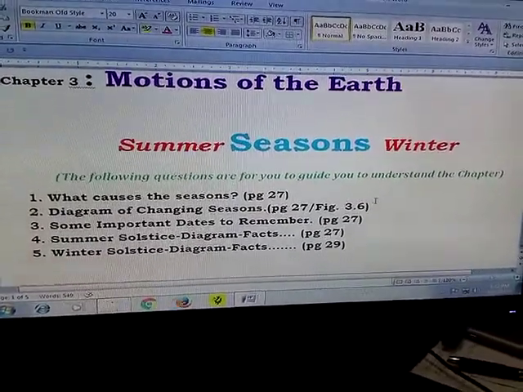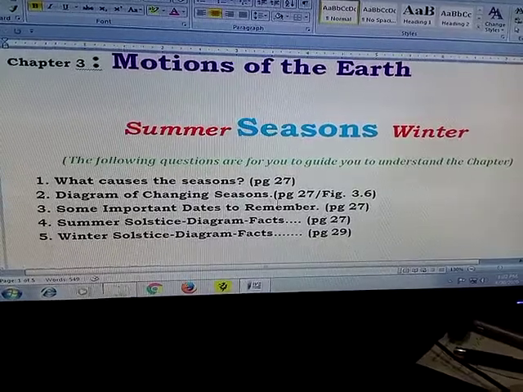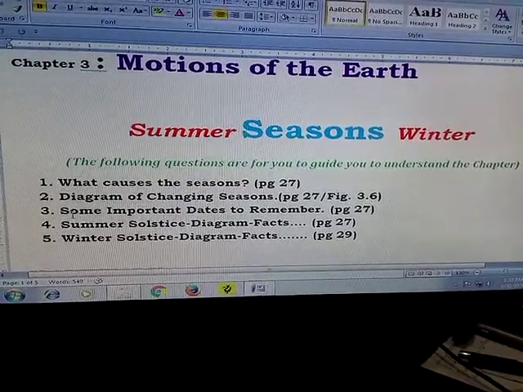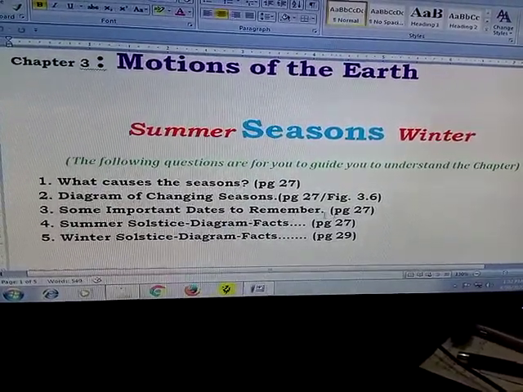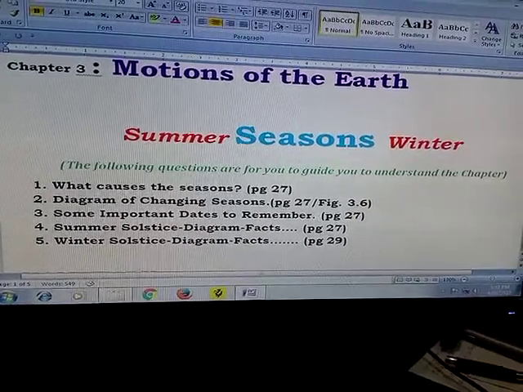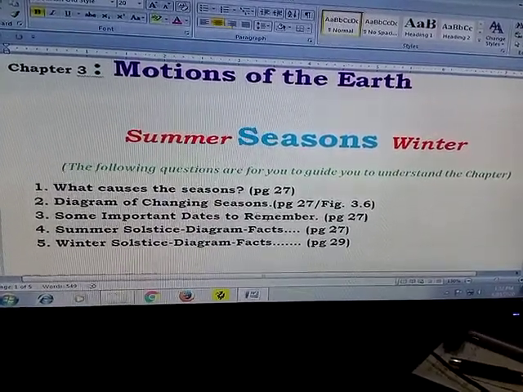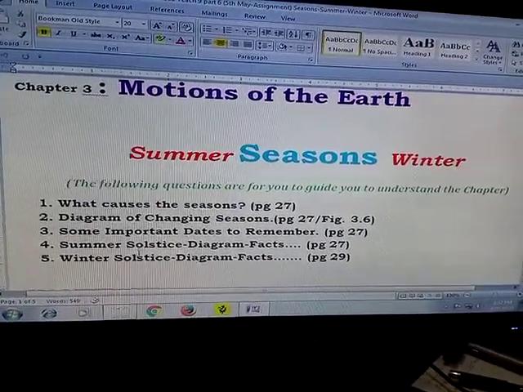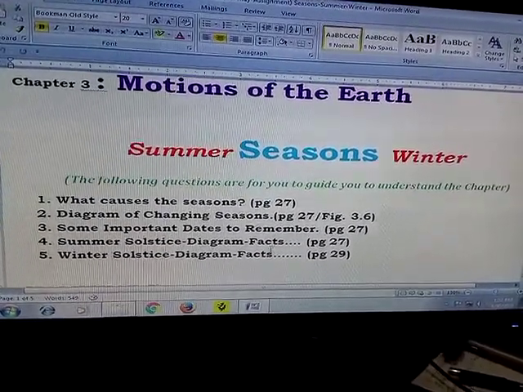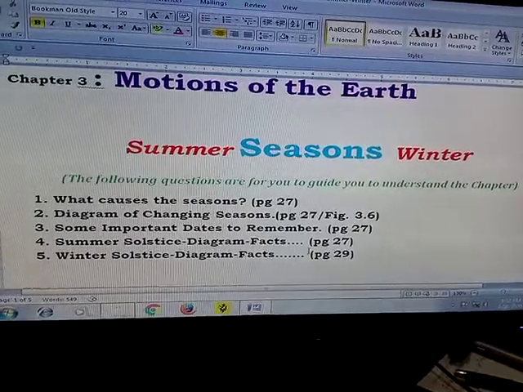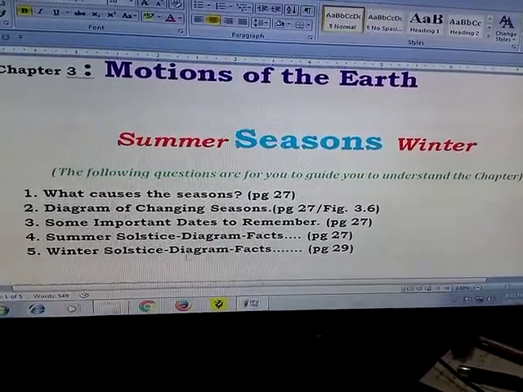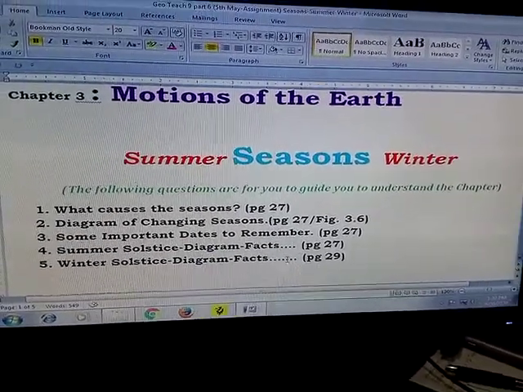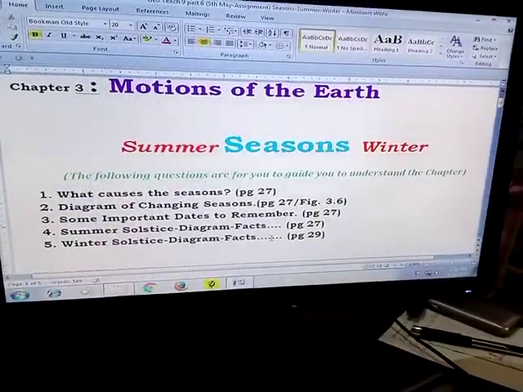What causes the seasons? The diagram of the changing seasons. Some important dates to remember: the dates of winter, dates of summer, dates of autumn and spring. There is summer solstice, facts, features and diagram in detail, and winter solstice, facts, diagram and features in detail.